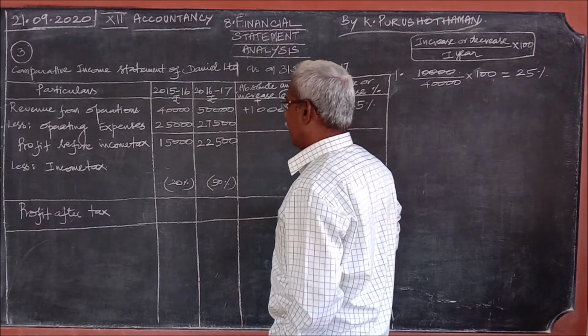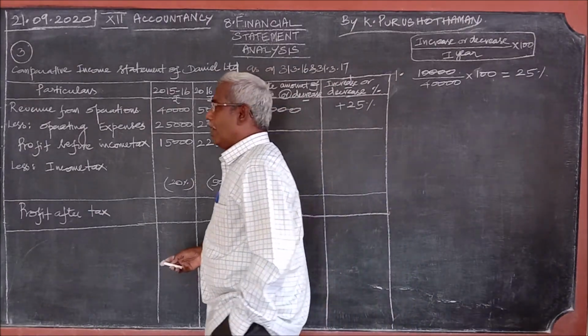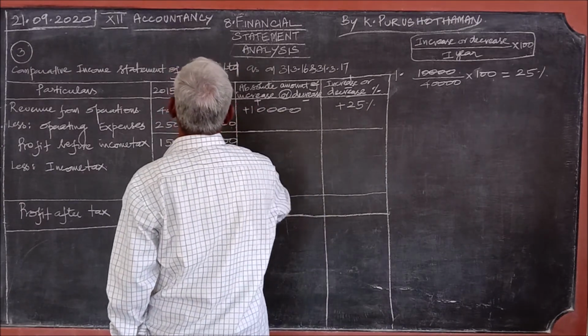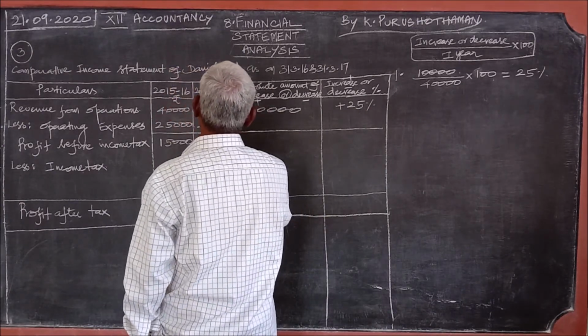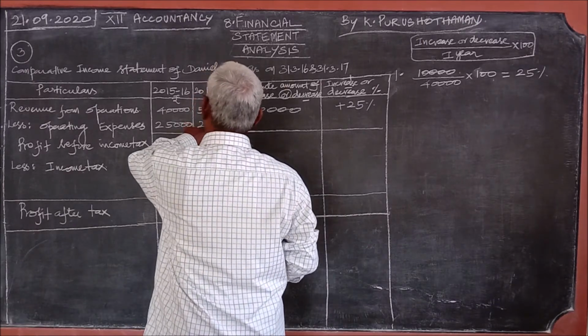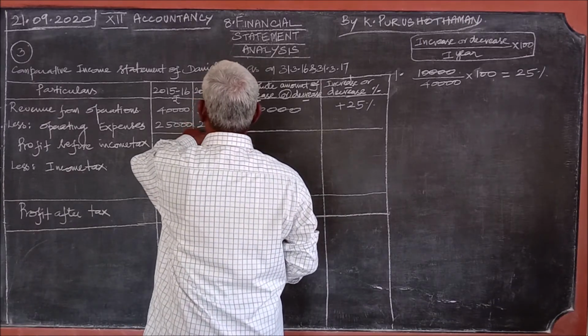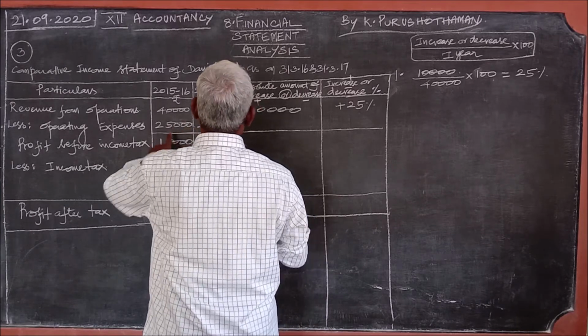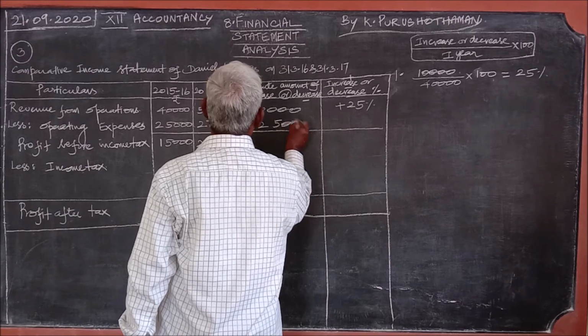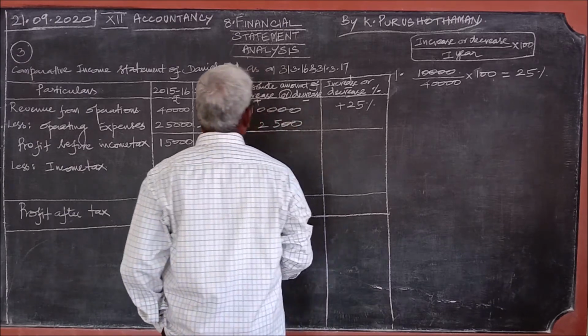Then the second item is the operating expenses. First year 25,000, second year 27,500. Therefore automatically there is some increase. 27,500 minus 25,000, 2,500.